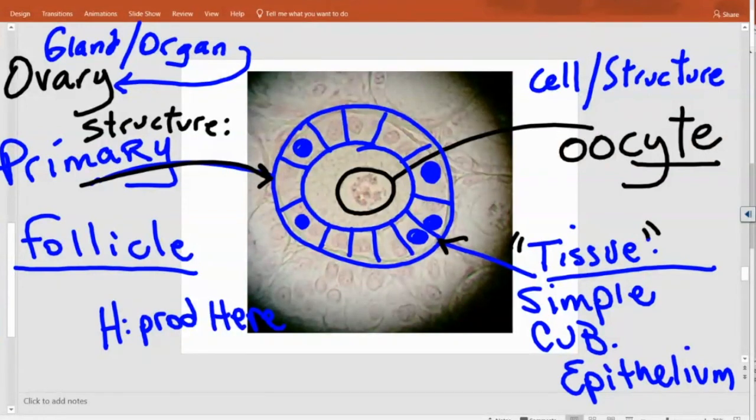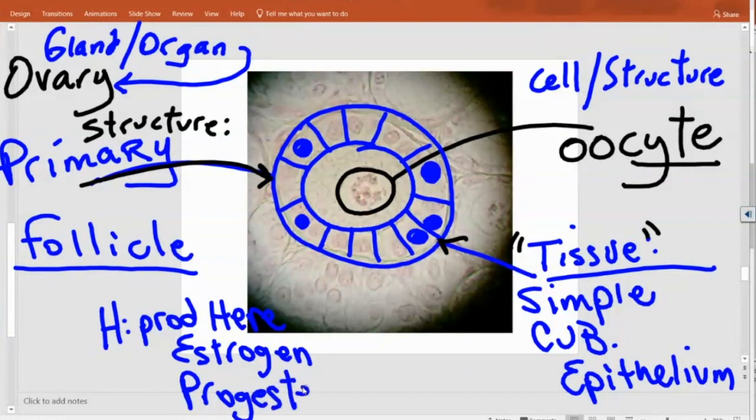What are the two common female hormones made in the ovary? Estrogen and progesterone. By the way, there's other forms of the hormones and other things. We don't really get into that. Okay? We just go with that. Because this is our introduction to this.